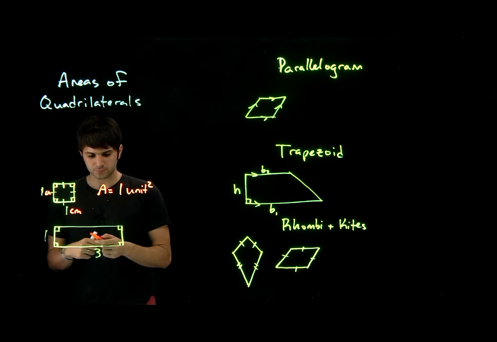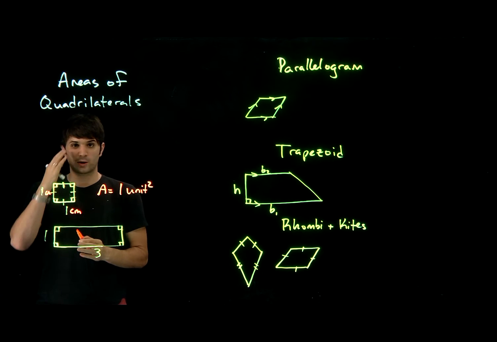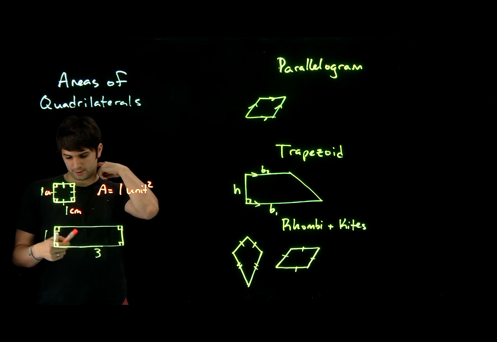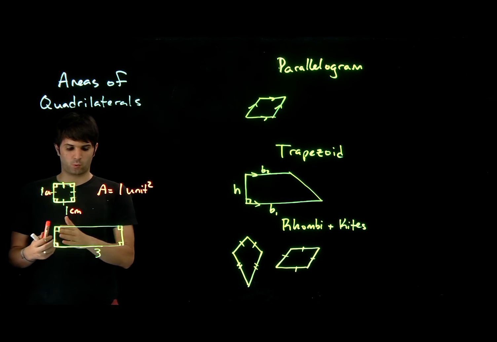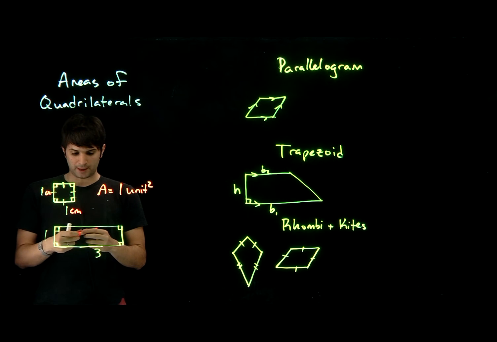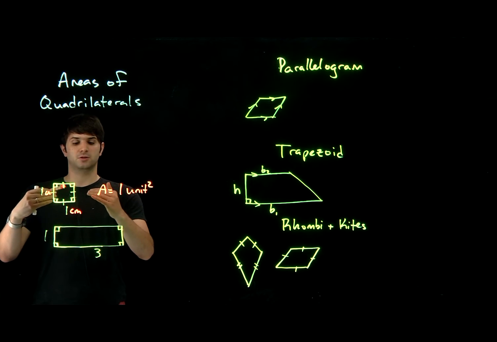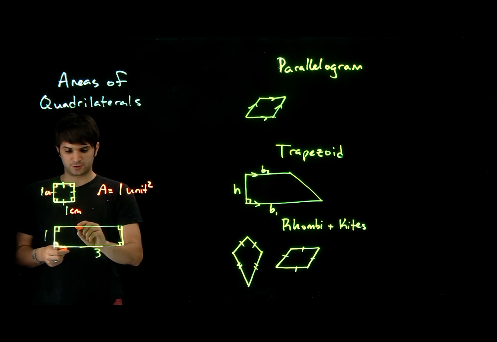Now from here, we can go on to a rectangle. So from square we go into a rectangle. So let's say we need to find an area of this rectangle. We have 1 by 3. Well, what we can do is, again, we go back to our base, the square, and we can split this up into 1, 2, 3, right?